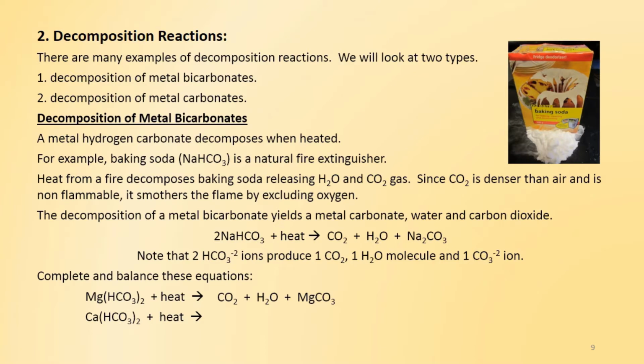How about calcium bicarbonate? When heated, it decomposes, producing carbon dioxide and water, and the metal carbonate, in this case calcium carbonate. And since calcium and magnesium are in the same group, they both have a charge of +2, it balances the same as the magnesium bicarbonate decomposition.